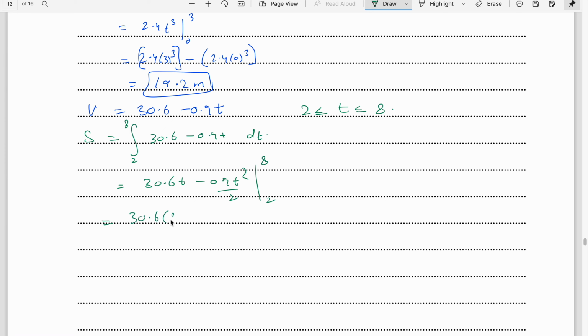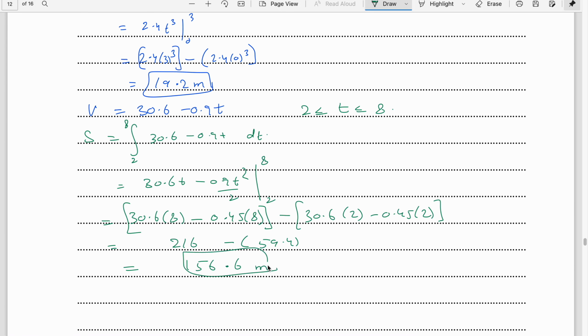That is 30.6 times 8 minus 0.45 times 8 squared, minus 30.6 times 2 minus 0.45 times 2 squared, which gives 216 minus 59.4, equal to 156.6 meters. So we have these two displacements.